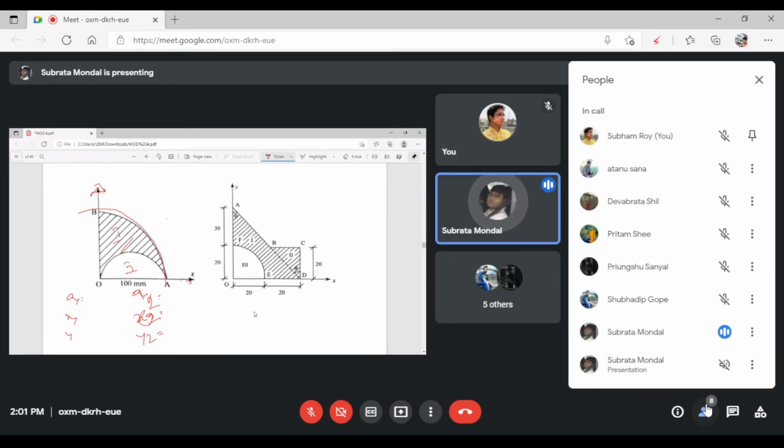So area 1 you can easily calculate, it is a quarter circle. What will be x1? When you are thinking about this particular problem, just forget about this.